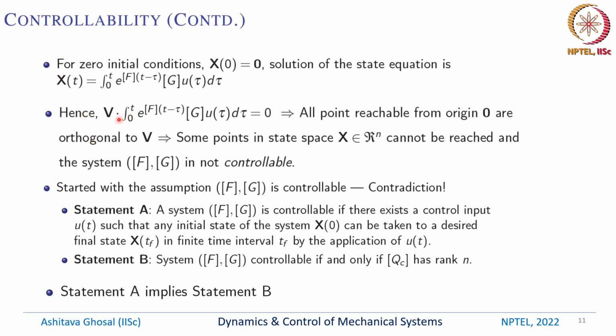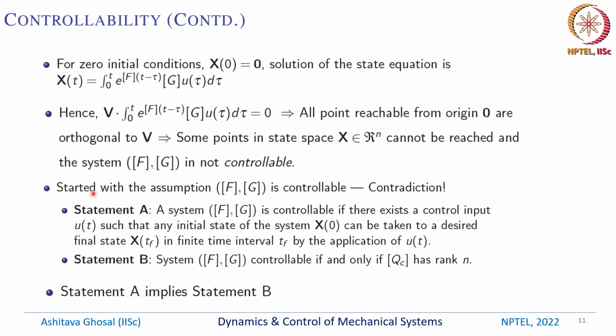And v dot this quantity is 0. So there are some points in the state space which I cannot reach, because they are orthogonal to the solution. Hence F and G is not controllable. But we started with the assumption that F and G is controllable. So this is a contradiction. This is a proof by contradiction.